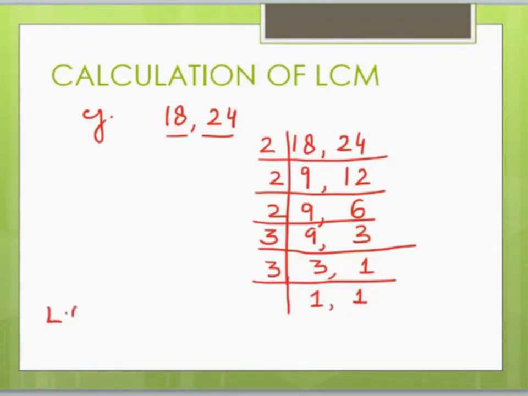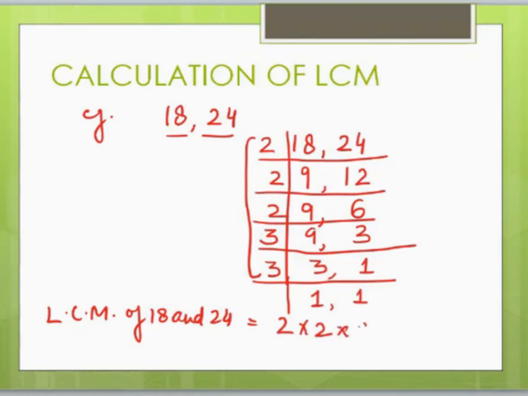So the LCM of 18 and 24 is going to be the product of these prime factors: 2 into 2 into 2 into 3 into 3, which comes out to be 4 into 2, 8 into 3, 24, and 24 into 3 is 72. So this is how you calculate the LCM.